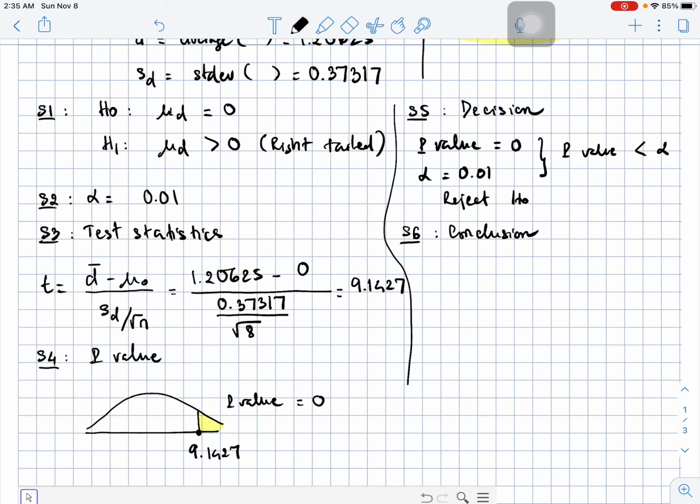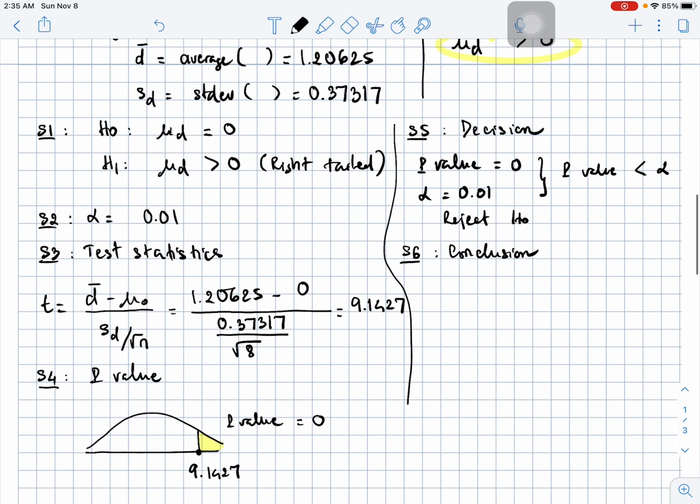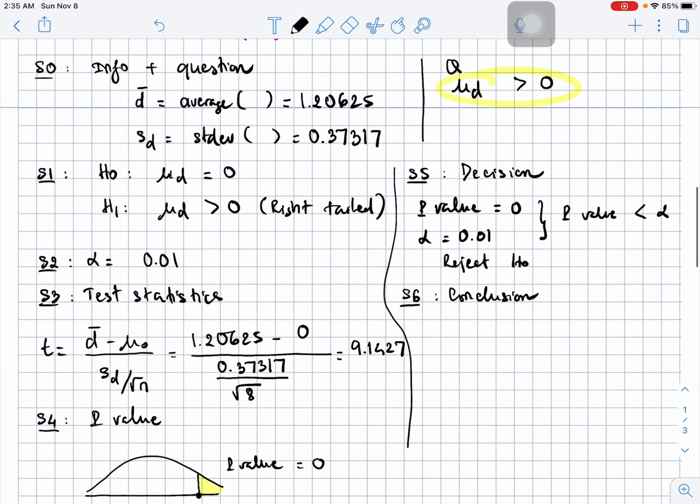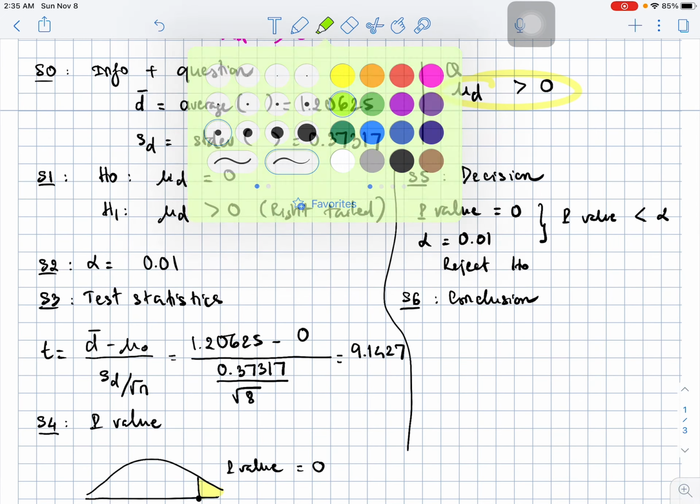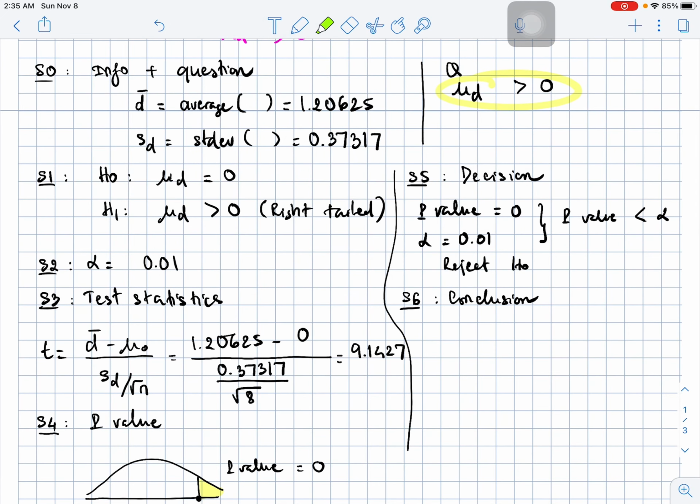Now what is the conclusion? The p-value is less than alpha, we reject the null. We go back to step number 1. Under the null we assume that the average difference in the population is 0, and we reject this.